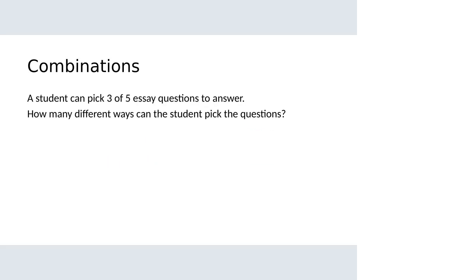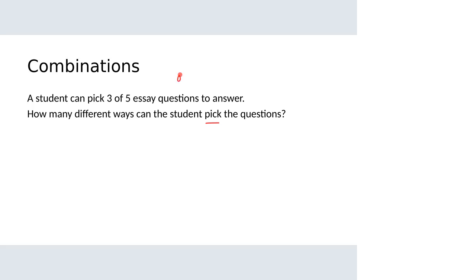A student can pick 3 of 5 essay questions to answer. How many different ways can the student pick the questions? Notice, this didn't say what order they're going to answer them in. It just said how many ways can they pick them. They're either going to answer the question or they're not. It doesn't matter which one they do first, second, or third.